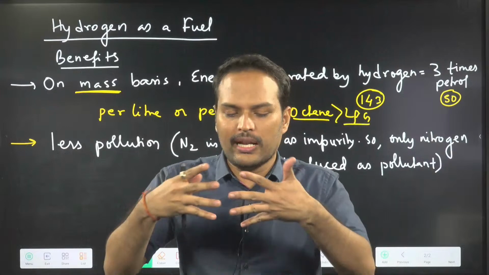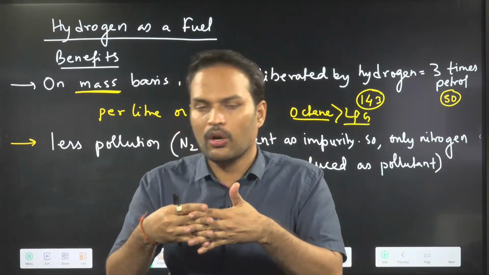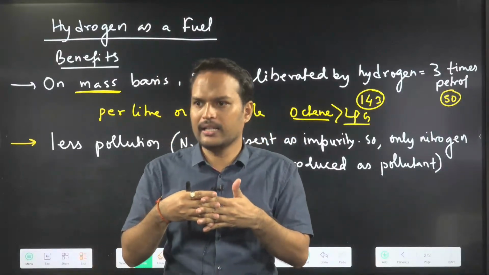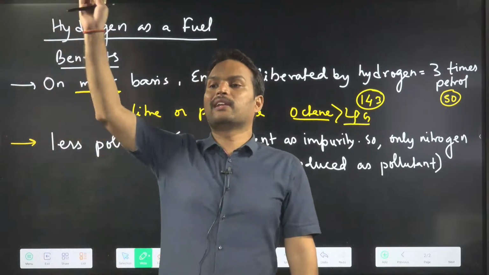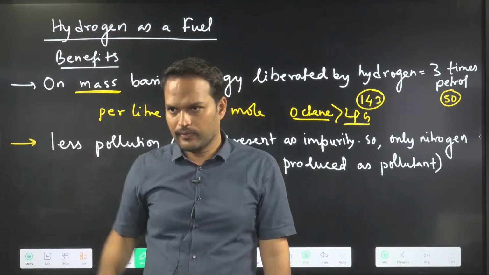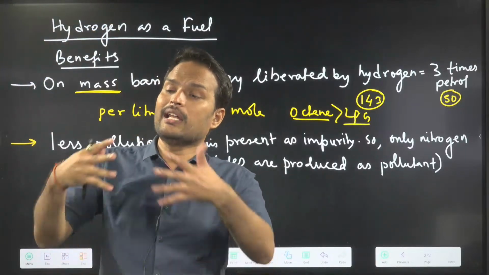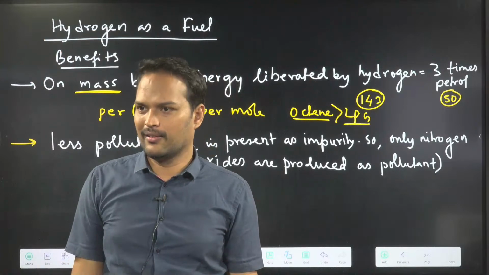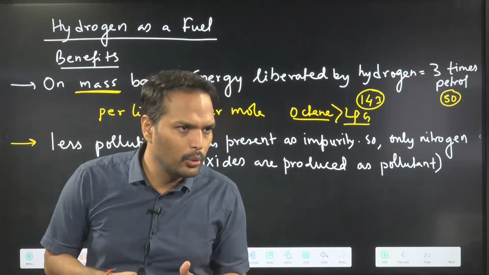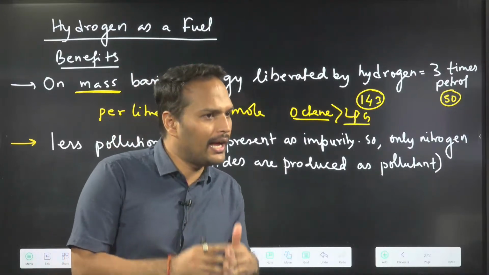See, nitrogen and oxygen combine only at very high temperature. You will study in environmental chemistry that when lightning happens, then nitrogen and oxygen combine, otherwise you would wait for lightning. So we conclude that nitrogen and oxygen can combine only at high temperature.